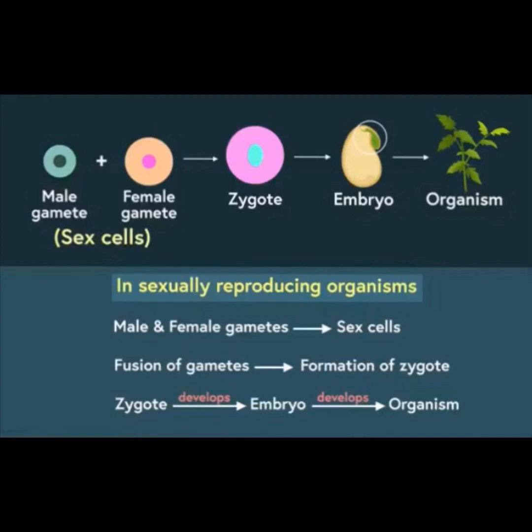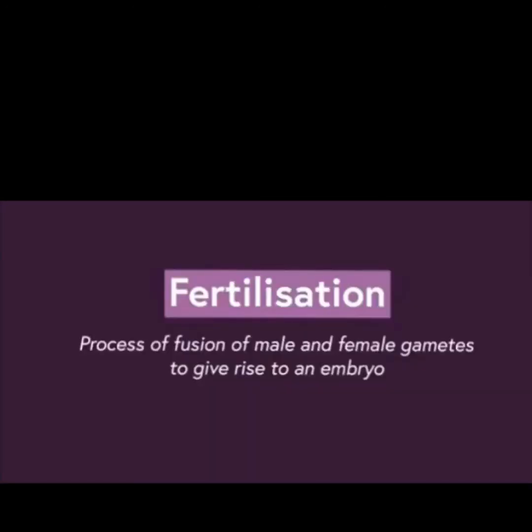And then the zygote develops into an embryo, and the embryo develops into what? Into an organism or the plant. Now you understand the definition of fertilization, which is the process of fusion of male and female gametes to give rise to an embryo.